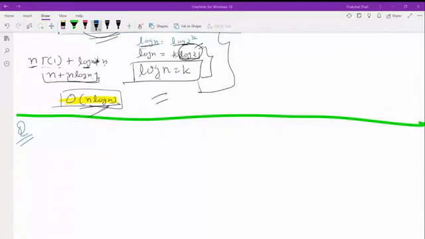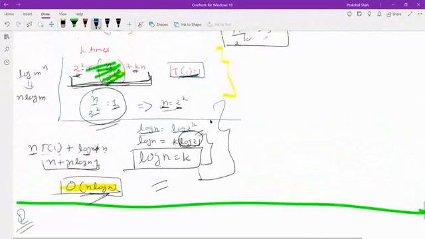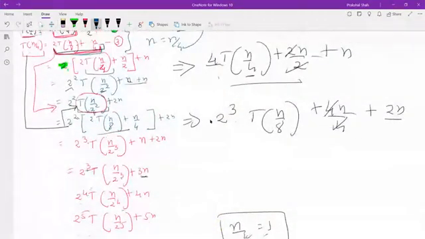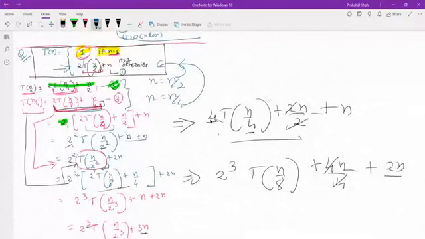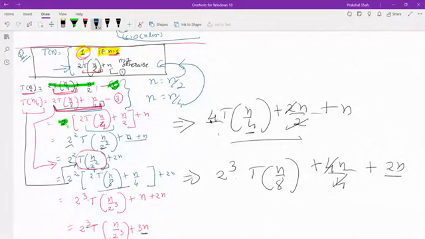How is n by 2 getting eliminated to n? Let me see. Where is n by 2? N by 2 is eliminated with n. Which term? This term? Like this is n and how does it become this n by 2?